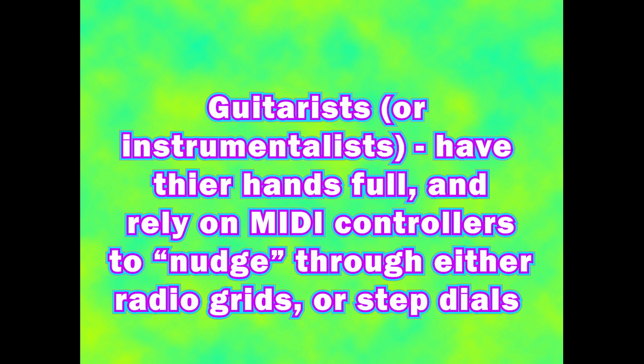Going from the chorus back into the verse, I use a different preset on many songs. Going from my lead back to my rhythm, I use a different preset, and so on and so on. So many guitarists, I'm not saying every last one, but many of them use MIDI controllers, and they'll use a kind of nudging feature. Whatever is managing the selection of presets, they'll need to nudge through that to get to the one they want.